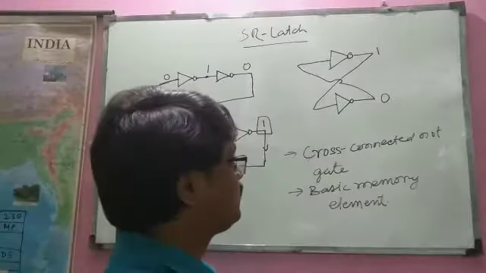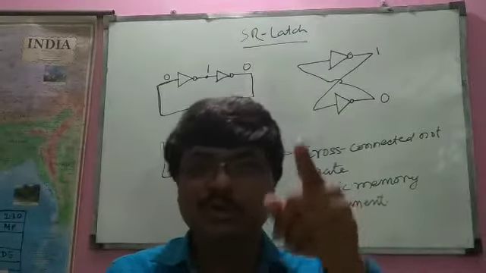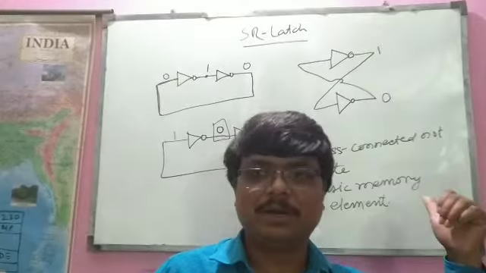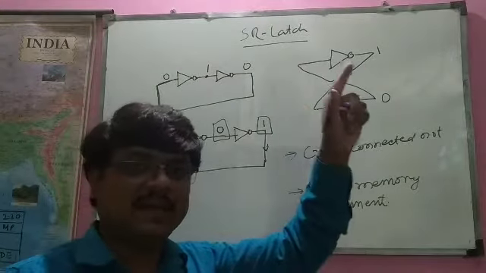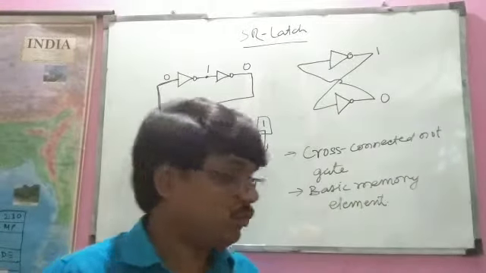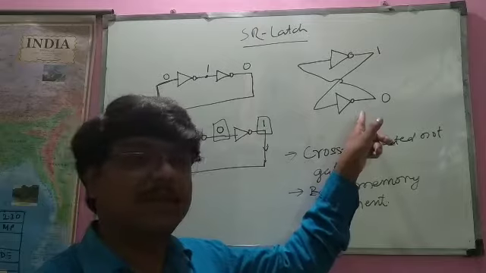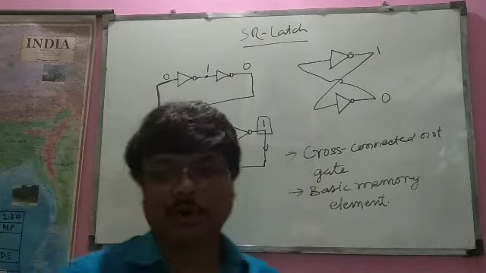So this is not feasible. This is a memory element. From your examination point of view, it is very, very important. If you see this type of structure, say it is the memory element, and the basic concept of the memory element came from here only, from the cross connected NOT gate.